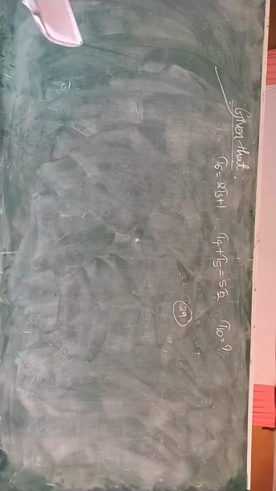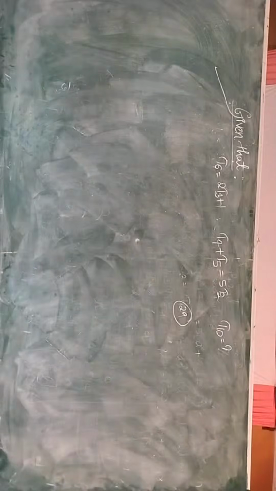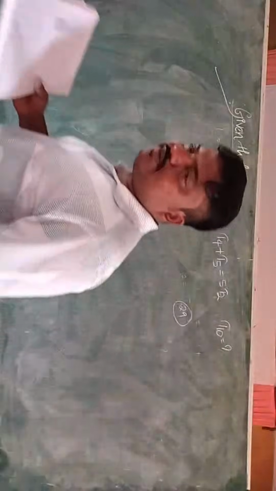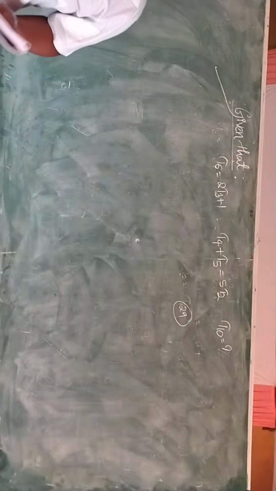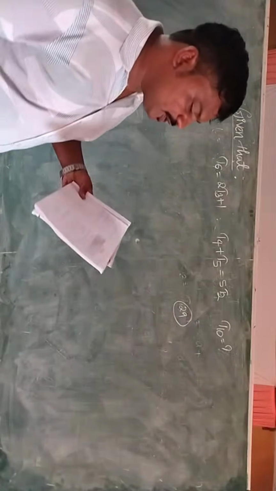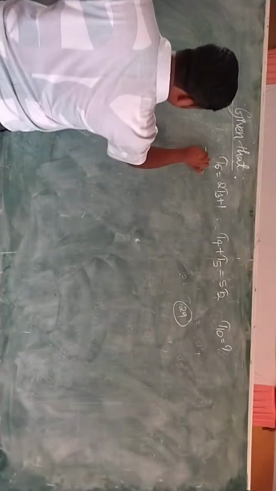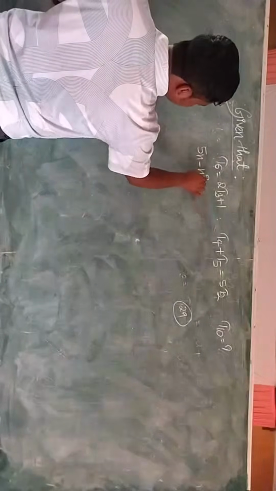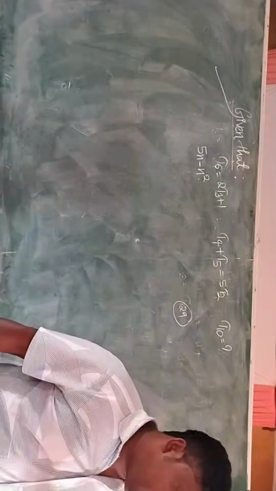Yes, next question you can take. The sum of first n terms of an arithmetic progression is 5n minus n square.